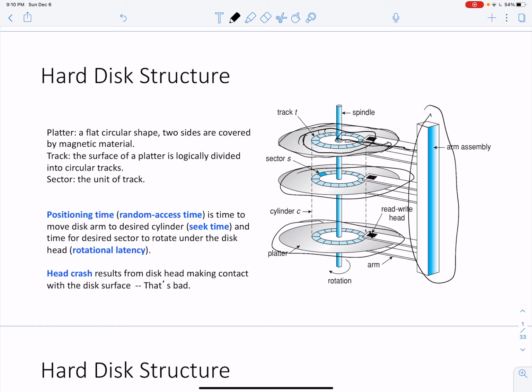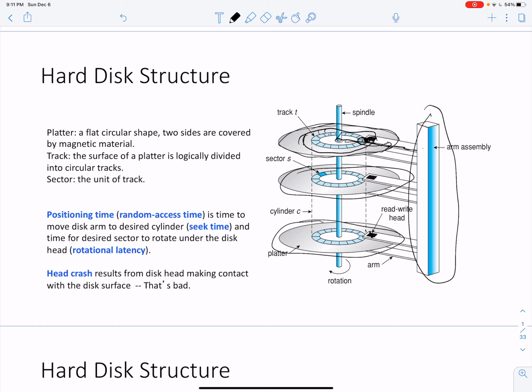The first is to move the arm to the desired cylinder, and then within the cylinder we need to rotate the hard drive so that the sector that includes the file is pointed to by the read and write head.